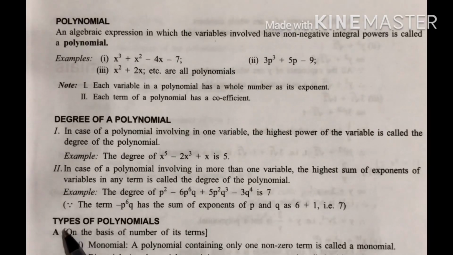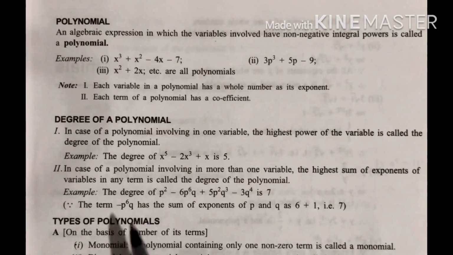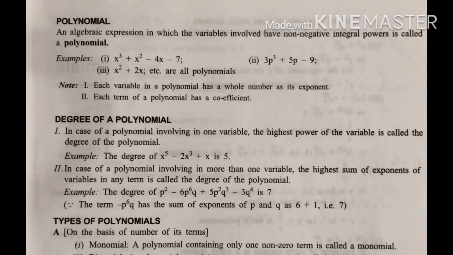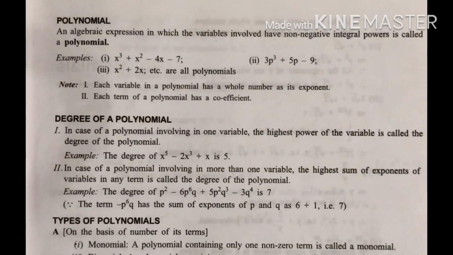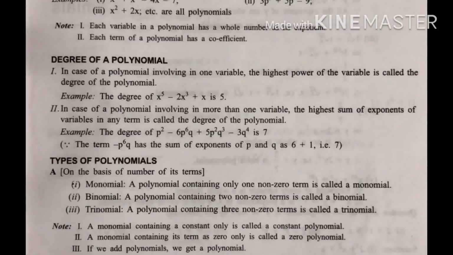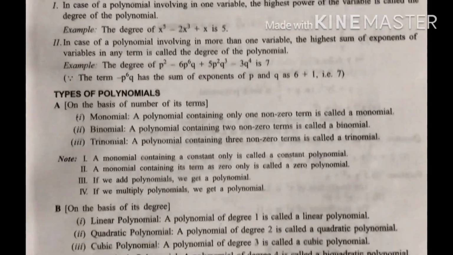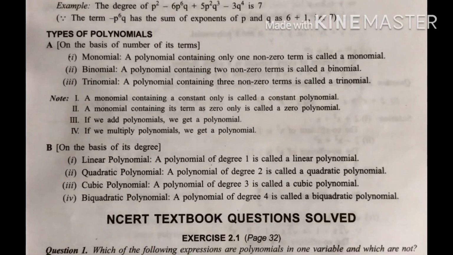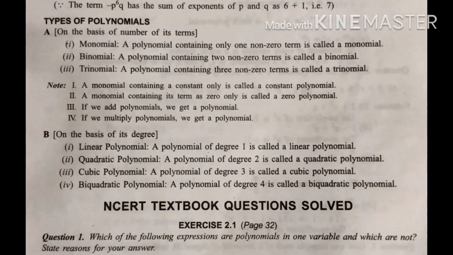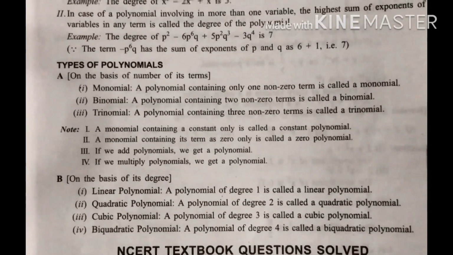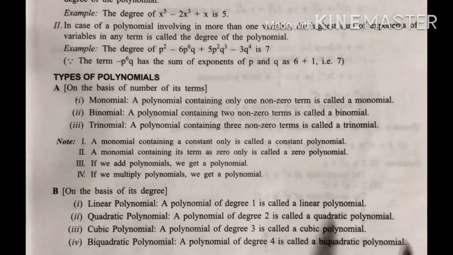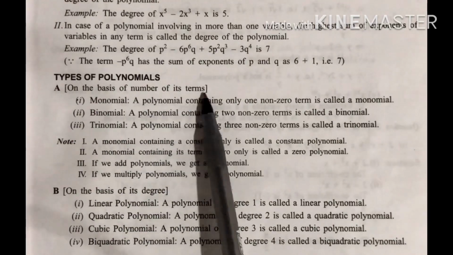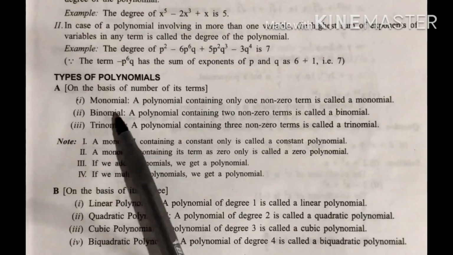Now types of polynomial. Here you can see the types on the basis of the number of terms. There are two ways to explain this. First one, on the basis of the number of its terms. First, monomial.